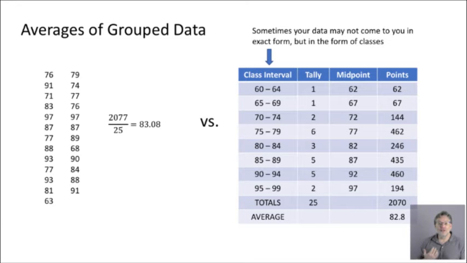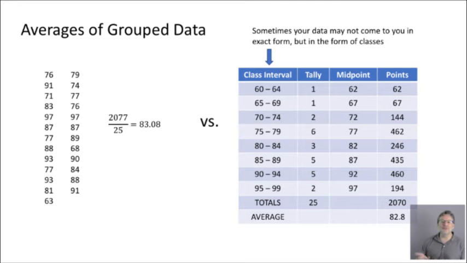If I divide that total by 25, I get 82.8. And if I compare that to the real average of all the raw data, which is 83.1, that's a little off, but fairly close.